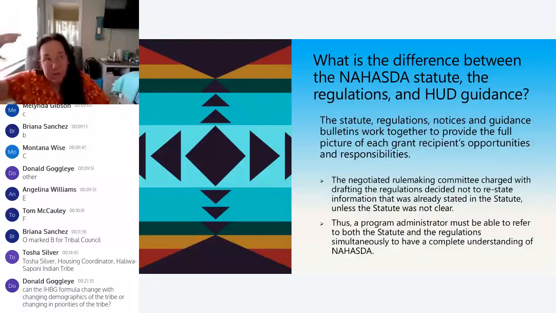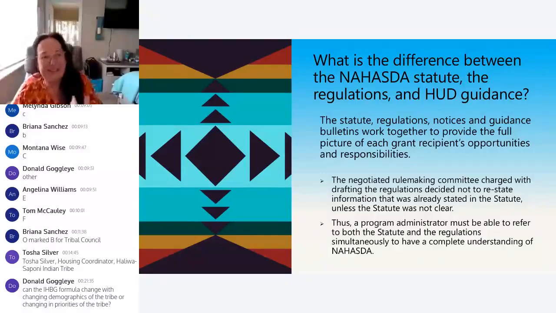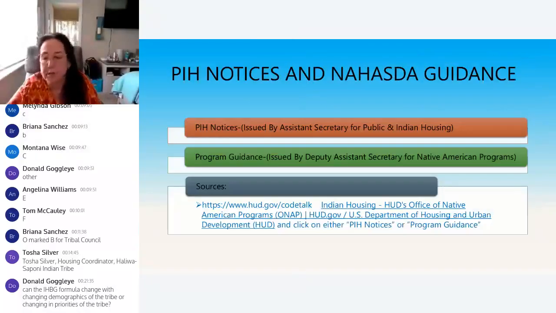Then you start going through the program guidances and the PIH notices. And then you would go to the 200 document if you can't find it there, or it relates basically to that finance portion. So our PIH notice is issued by the Assistant Secretary for Public and Indian Housing. Our program guidances are issued by our Deputy Assistant Secretary for Native American Programs.